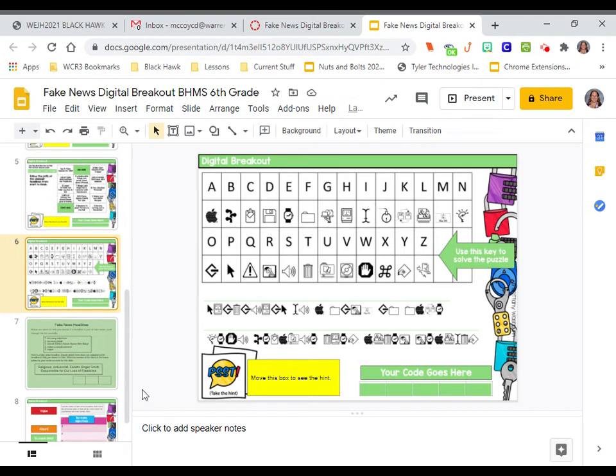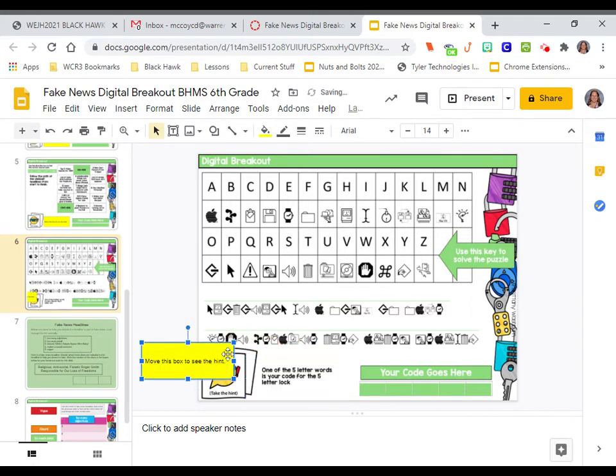Moving to this one. This is just an old-fashioned code. It gives you what letter goes with each symbol. You figure out what it is saying. And then your code is going to go here. And if you move the box, it says one of the 5-letter words is your code for the 5-letter lock over here.